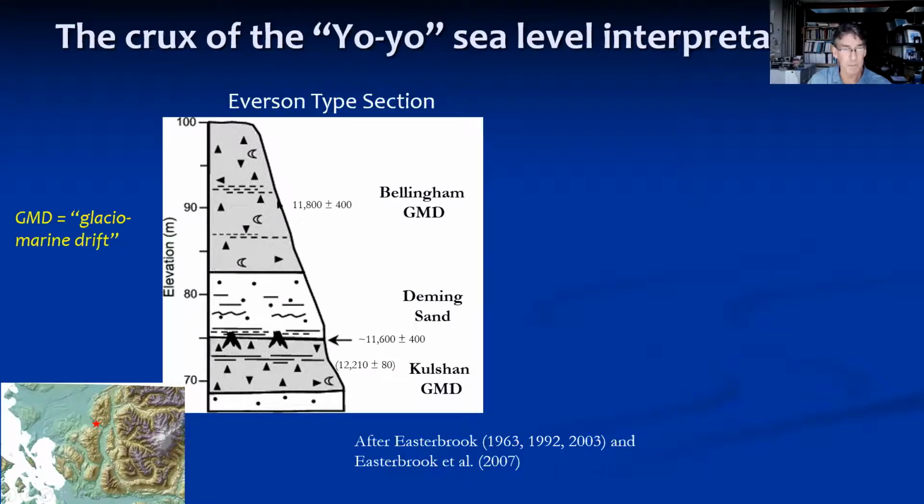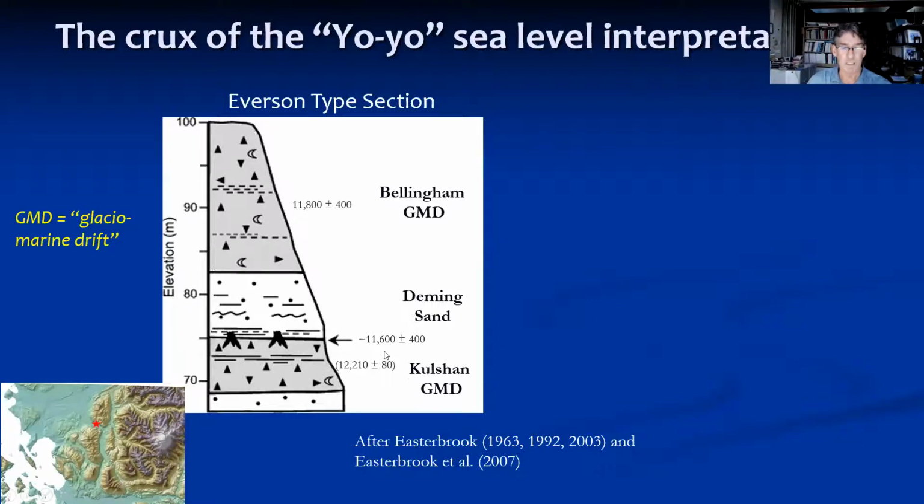So two periods of glacial marine drift with icebergs and high sea level, but it's divided by a clear sandy unit called the Deming sand, in which he has documented rooted stumps, and his interpretation is that this is a fluvial sand. To get rooted stumps, a forest growing there that is then buried by fluvial sand, you've got to have this above sea level.